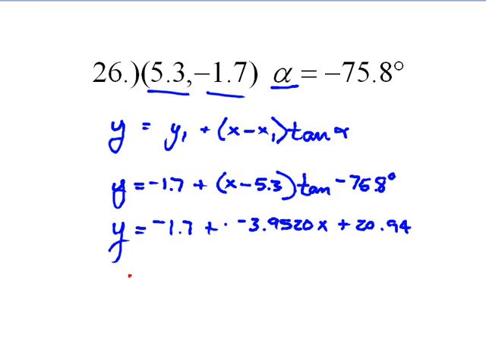So what we end up with, combining terms, we'll take this term and add this term. So we come up with a negative 3.950x plus what we have left, 19.245.